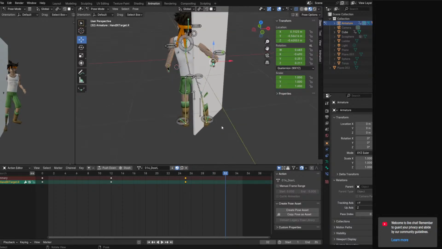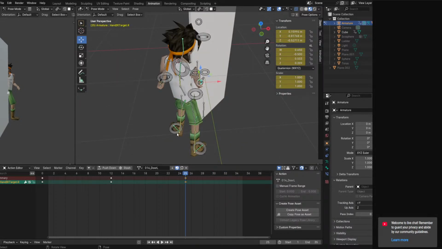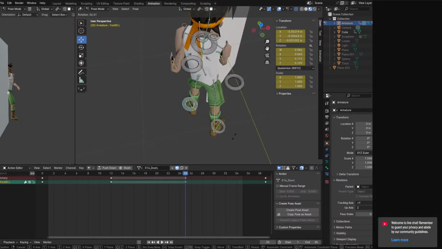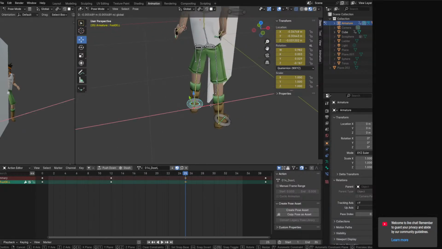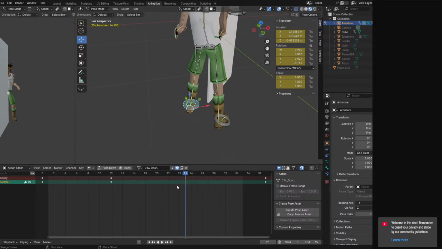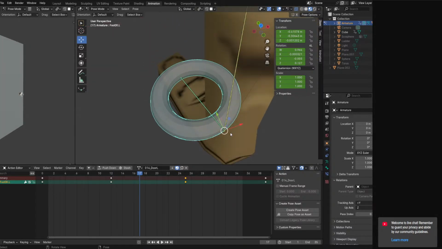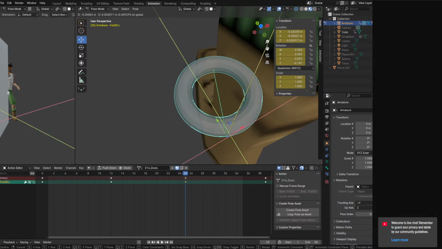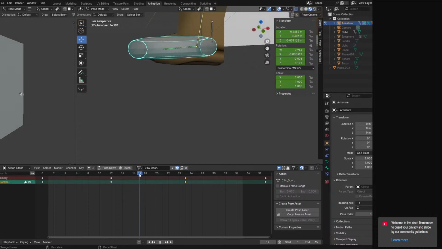Right, maybe frame 32 will have... Actually, let's adjust this foot. Hold on. Let's keep his toe in the same spot. Kind of suggest that he's shifting his weight.